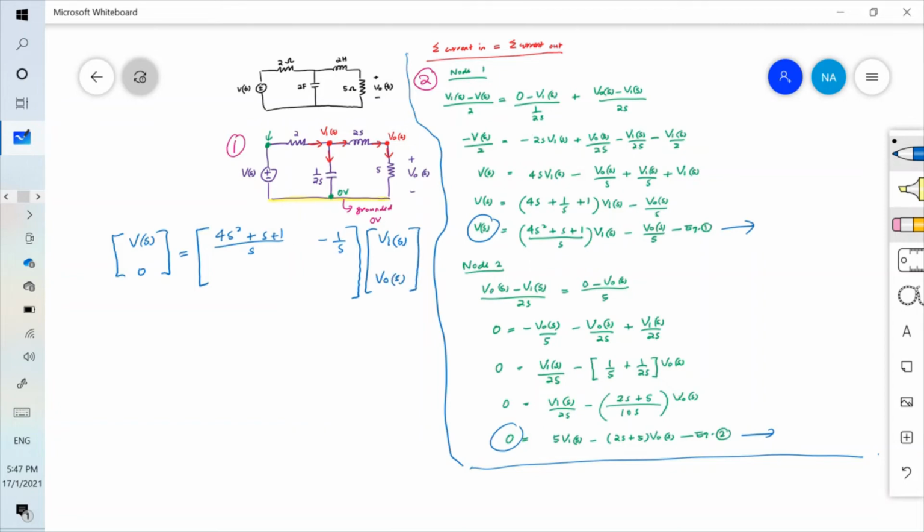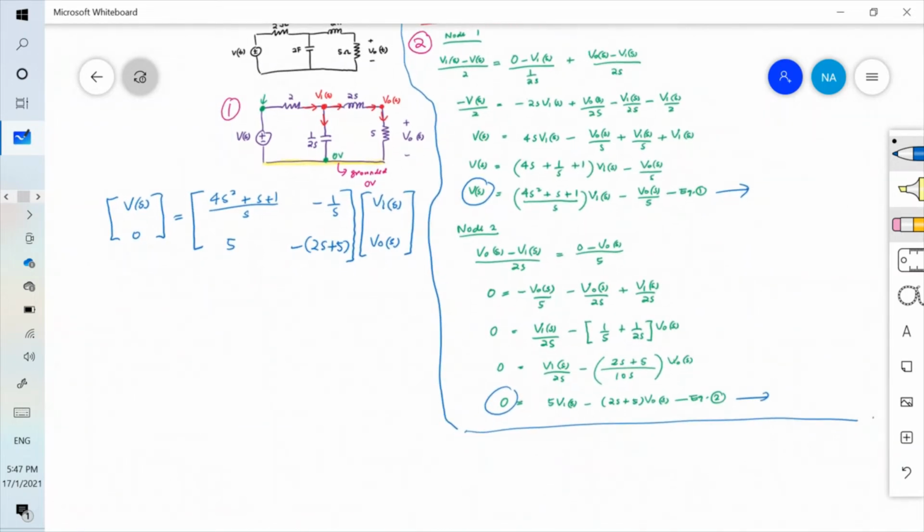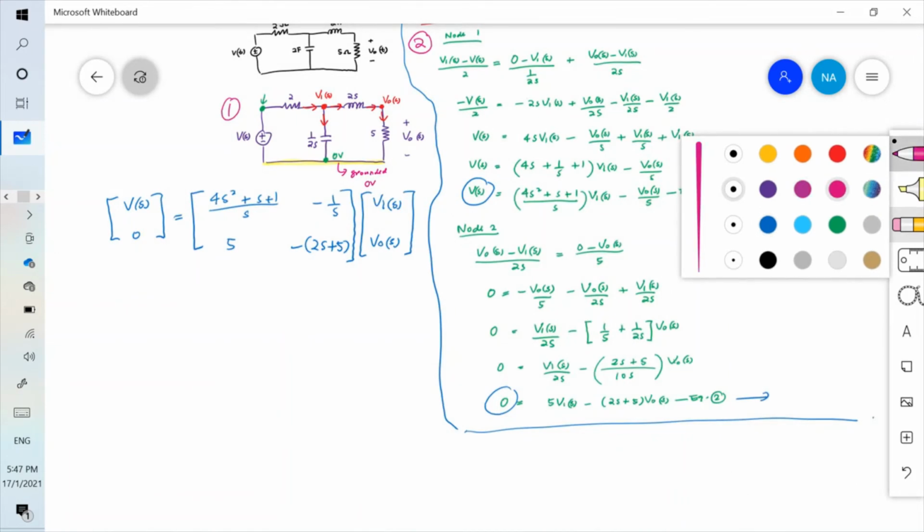So the top row is equivalent to equation 1. Going to the second equation, 0 equals to 5 V1s and then minus 2s plus 5. Okay, so now you have your 2 by 2 matrix that we're going to solve using Cramer's rule.